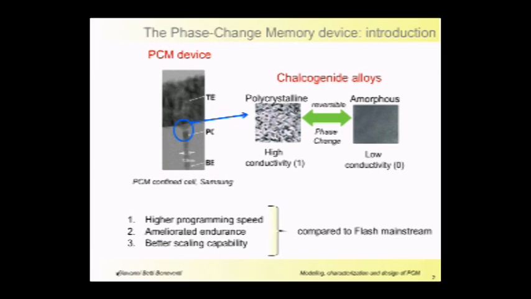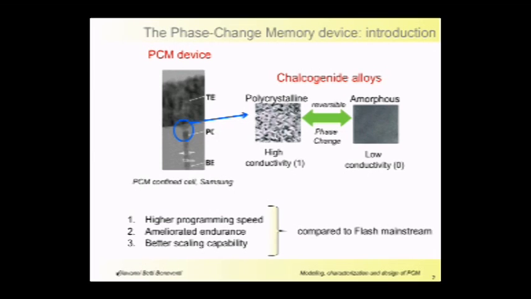So this reversible phase change enables us to store a logic 1 or a logic 0 in a non-volatile way. So basically, phase change memory is a non-volatile memory device that is based on this very special material.